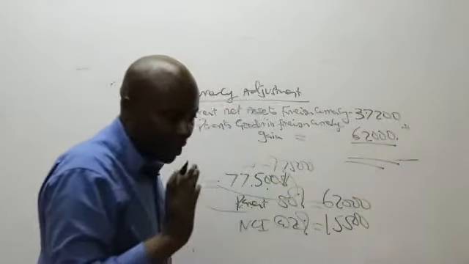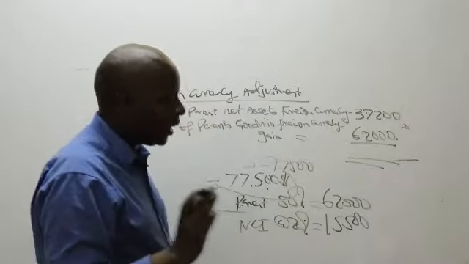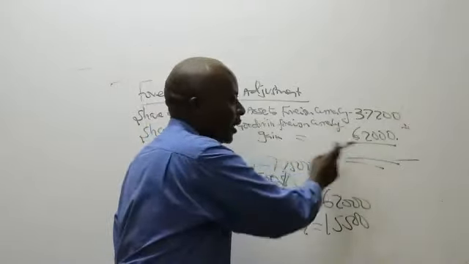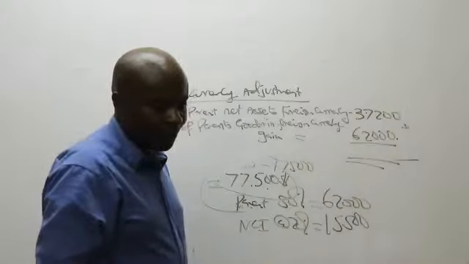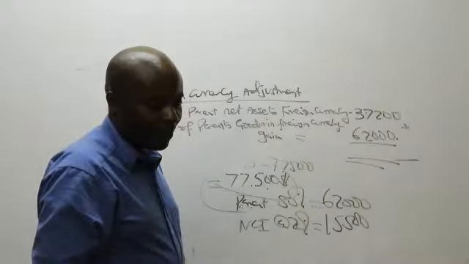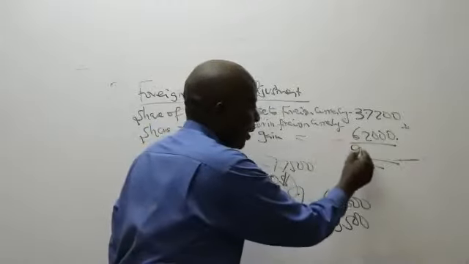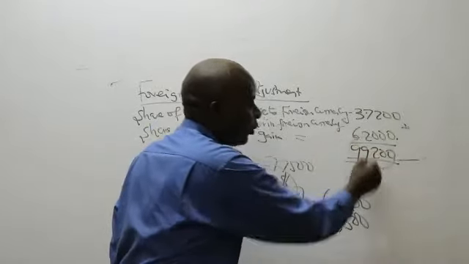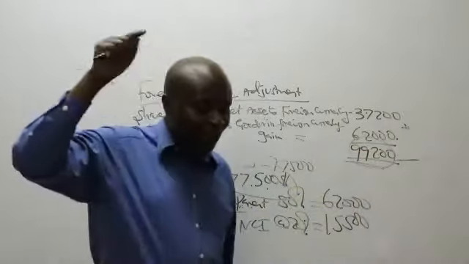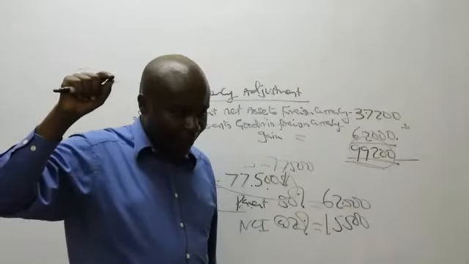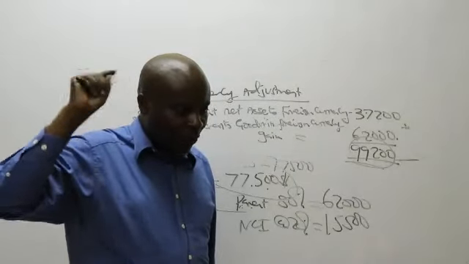For the parent only. So please come here and give me this. 99,200. So what I don't know is whether you have been able to fix that figure somewhere in your statement of financial position.